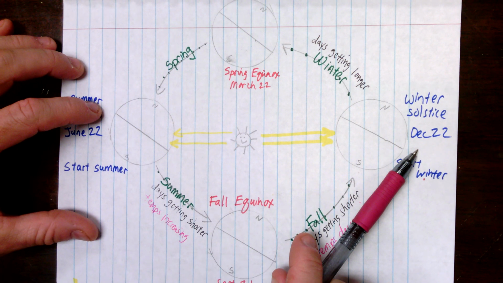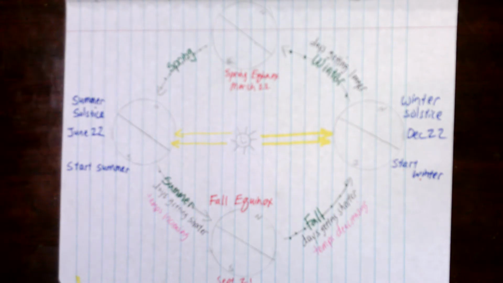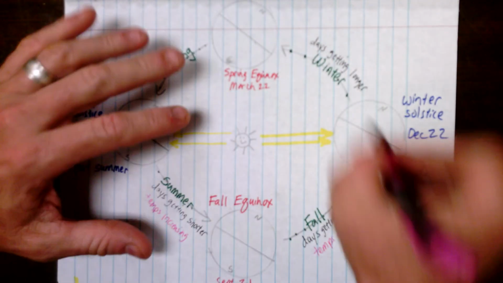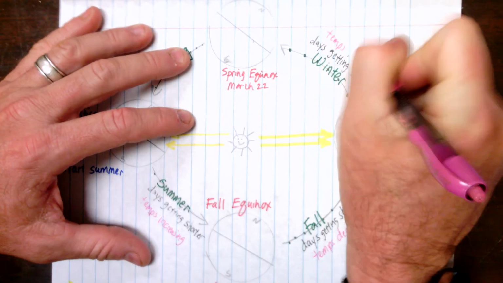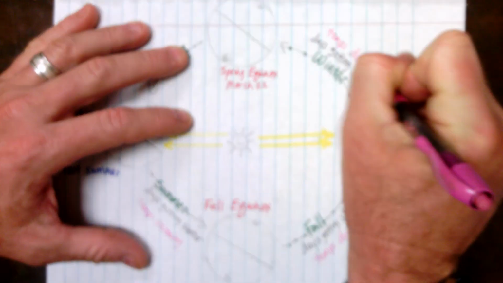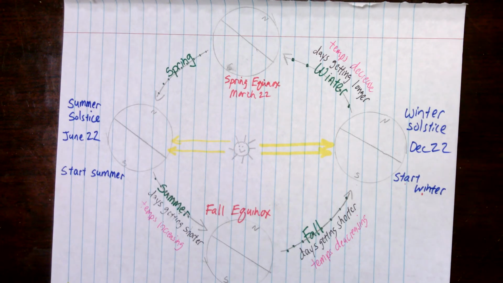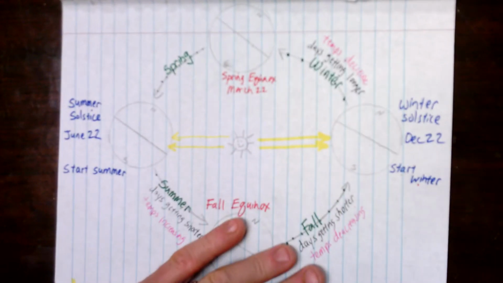And why is that? The days are getting longer. I'm getting more sunlight. You would think I'm getting warmer, but it's not. Temperatures decrease as you go through winter. Your colder temperatures are usually like in February as opposed to December.